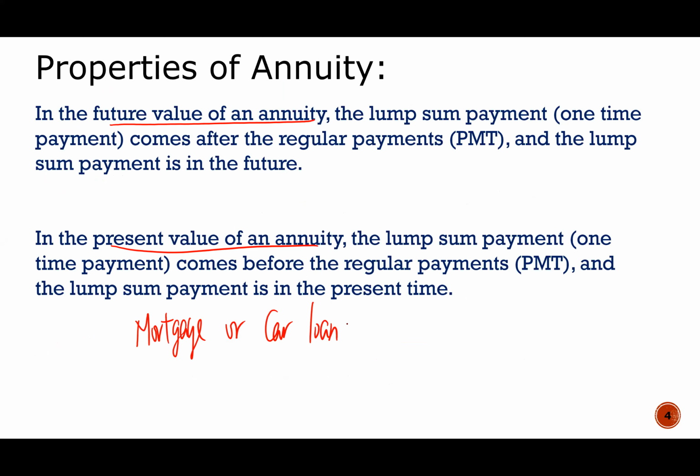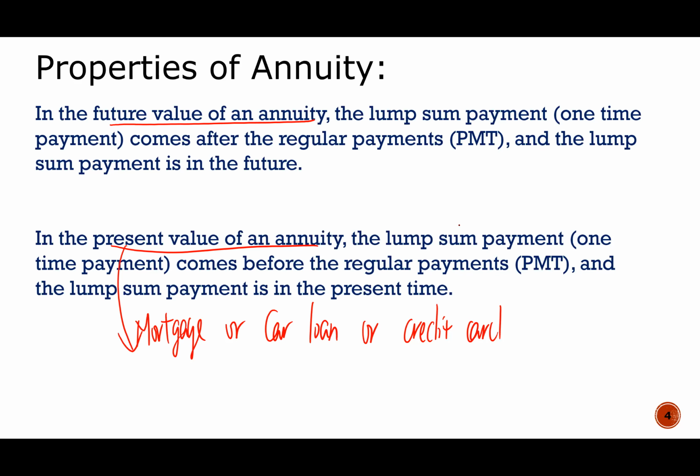Or any loan or credit card, right? That's a present value of annuity because of the lump sum payment. If you get a mortgage from the bank, let's say you borrow $300,000 in your mortgage application, the bank will hand you $300,000 right now, right?